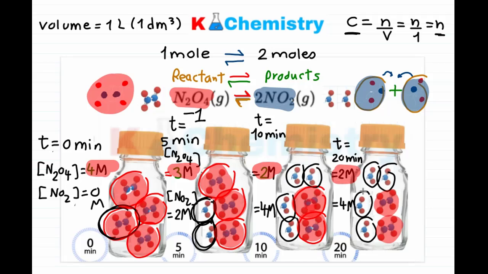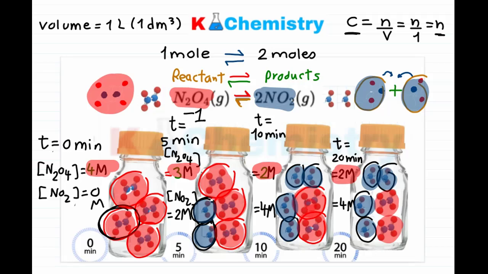Here it still is at 2 molar, and this one becomes 4 molar, so it has not changed. At the beginning it was 0 because there were no products yet, and then it becomes 2, and then it becomes 4. When 2 moles of this one were broken, 4 moles were made, and then after 10 minutes I can see that the concentration is fixed. So what can I say?